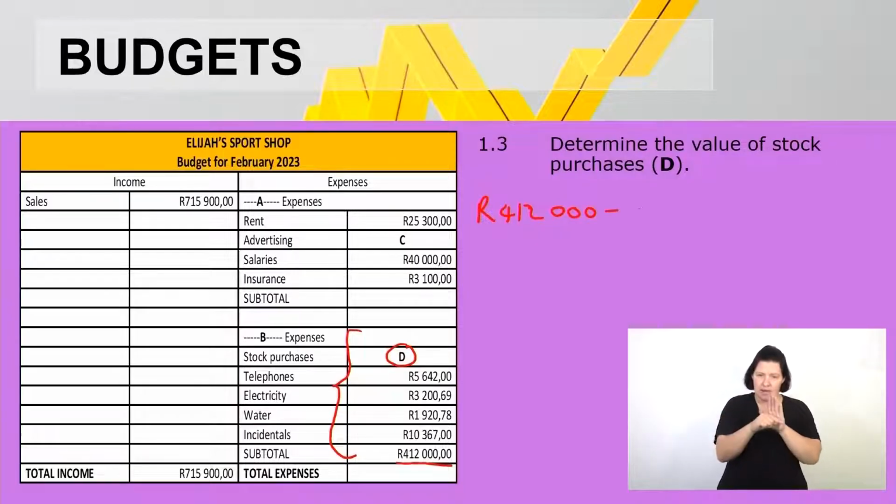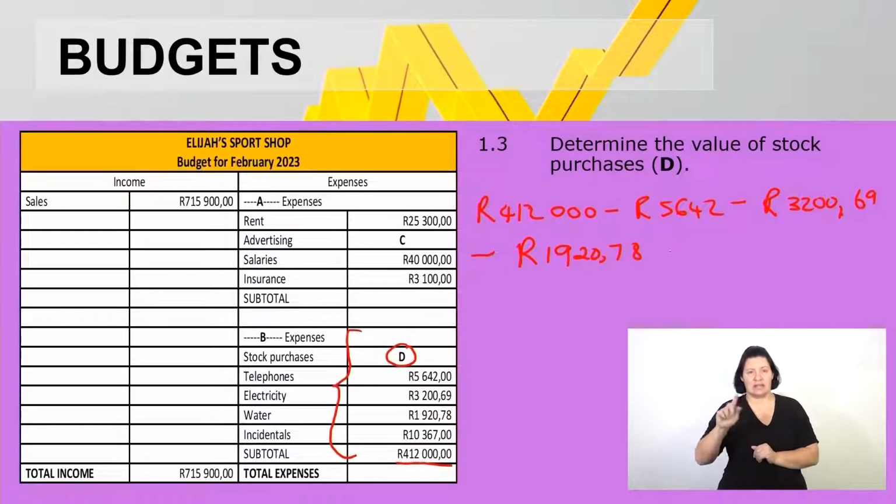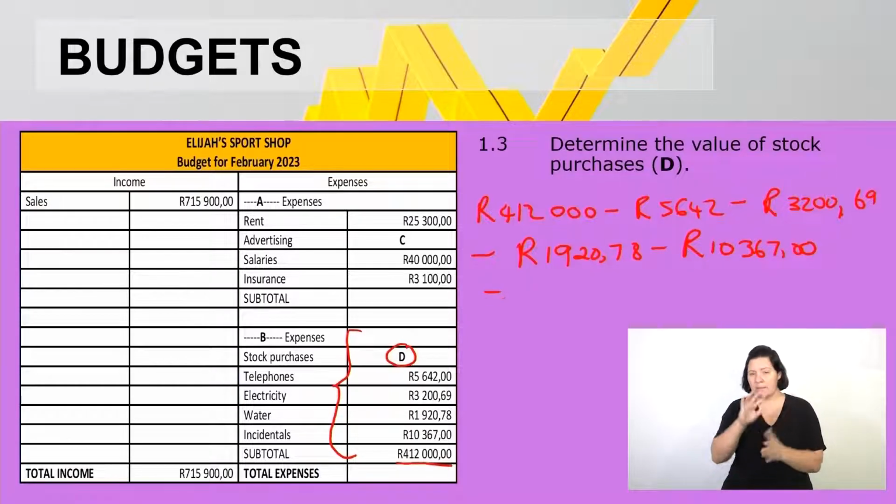So minus 5,642, minus 3,200 rand and 69 cents, minus the next value, 1,920 rand and 78 cents, minus 10,367 rand. Now let's see what that amounts to.